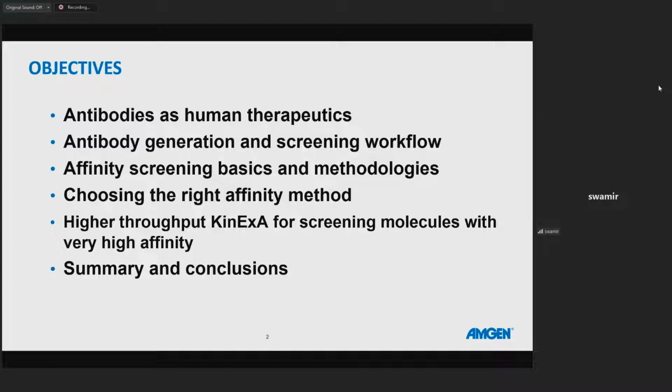And then I will end up with how recently we developed a high throughput KinExA for screening molecules with very high affinity, and end up with some summary.